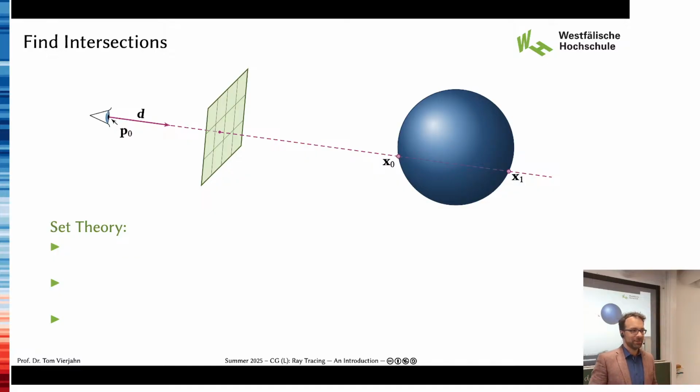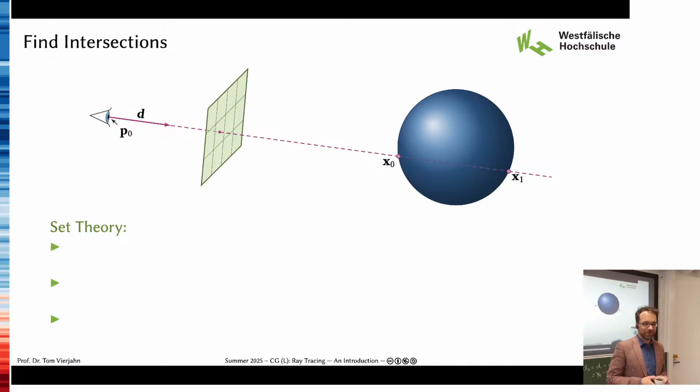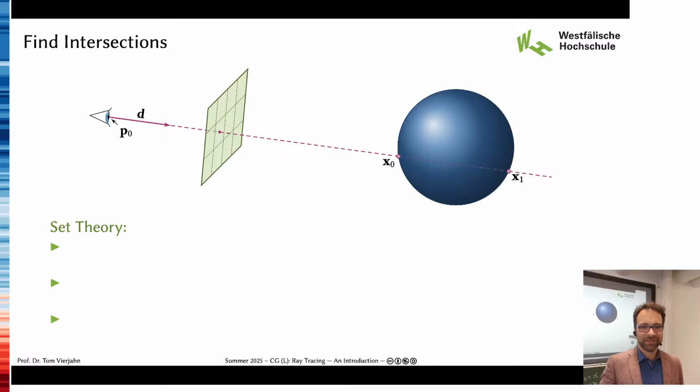We're aiming at set theory. So again, what is a ray in terms of set theory? In terms of the infinitely many points that are living on the ray, or sitting on the ray, or whatever you want to call it. Do it a bit more formally.